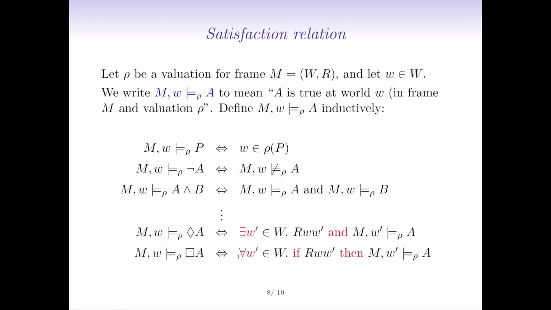It says, for all accessible worlds W prime, and by accessible, again, we mean that R W W prime holds. So for all W prime such that W prime is accessible from W, A is true at W prime. So this is just to say that A is true at all worlds accessible from W.